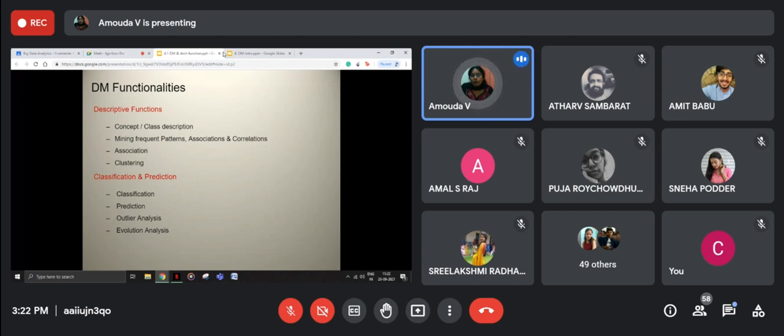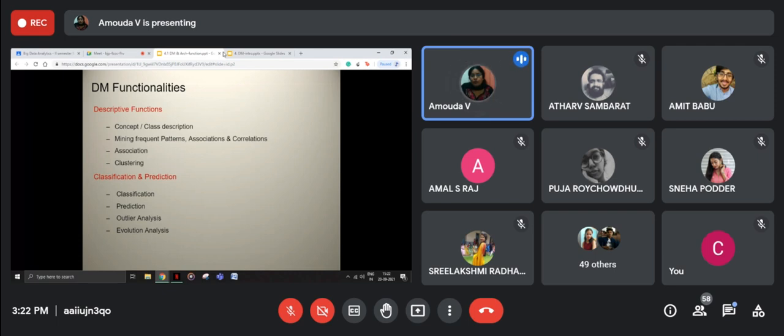To see this pattern or association, we need to first know what is concept, what is class description, what is class discrimination, what is contrast class. All those things need to be explained next class, in detail, so that you will come to know where it is used.